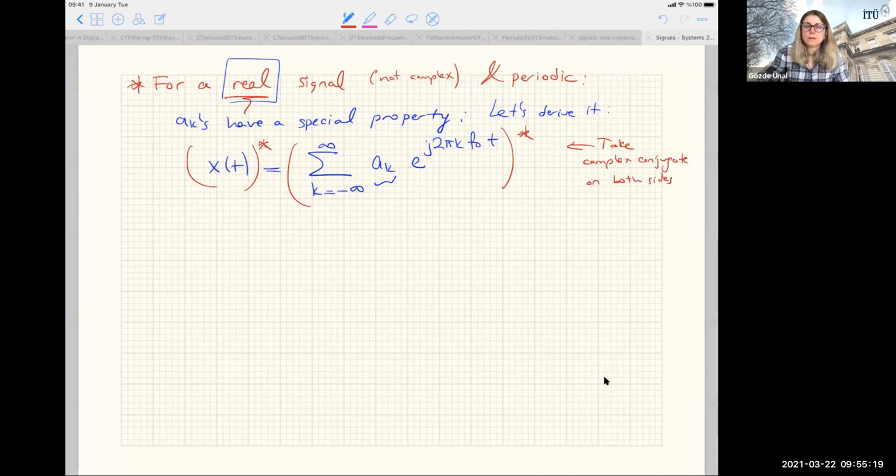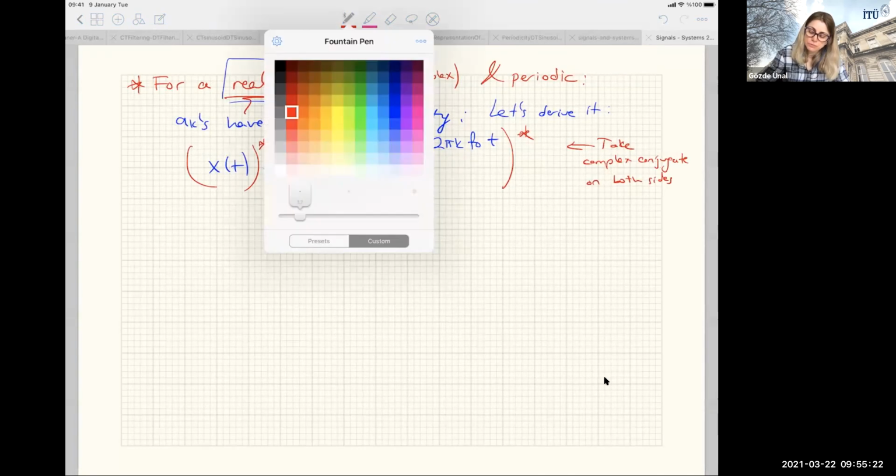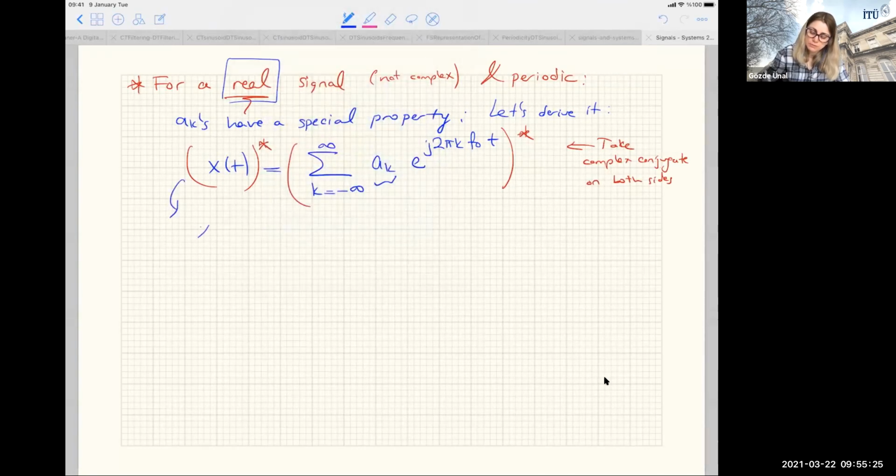This is equal to x of t, itself, because x of t is real. Now continue on the right-hand side: the sum from minus infinity to infinity, because the complex conjugate just affects the complex parts, which are a_k and e to the j 2 pi k f0 t. So I will have a_k conjugate e to the minus j 2 pi k f0 t.